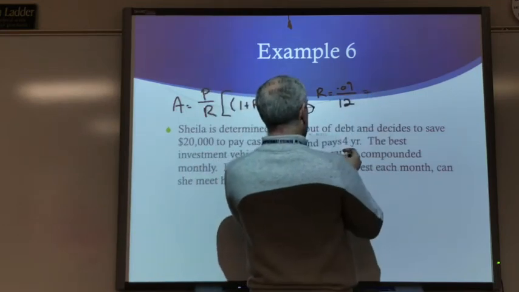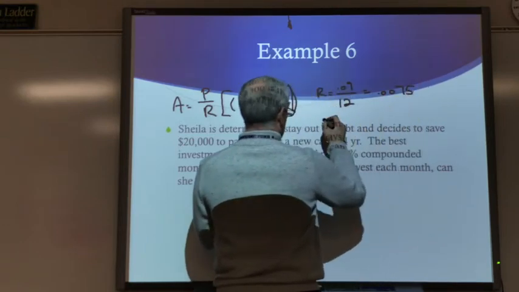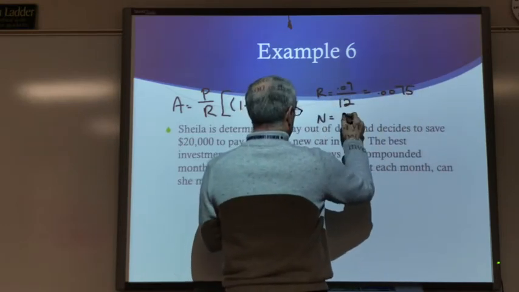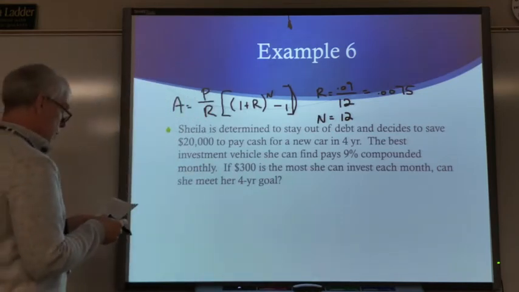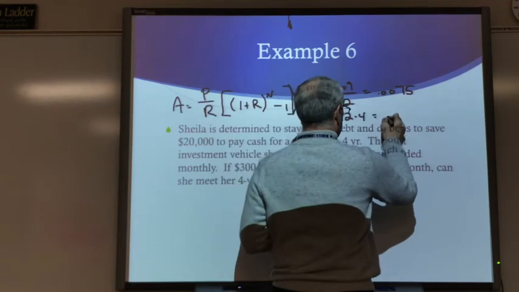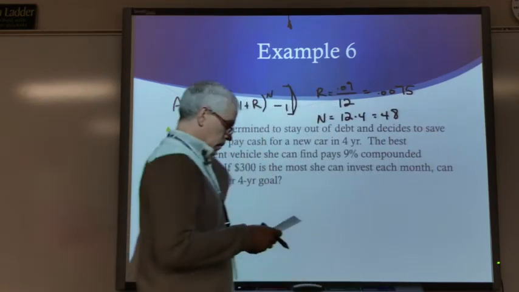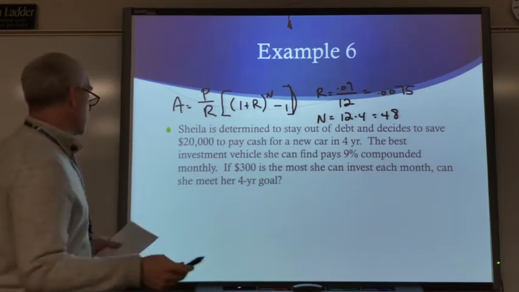Okay, that gives me 0.0075. And big N is going to be little n times T, which is 4 years. This is a 4-year goal. Okay, so that's just going to be 48. And this one's easier. I don't have a lot of algebra to do. I'm just going to try to solve this.